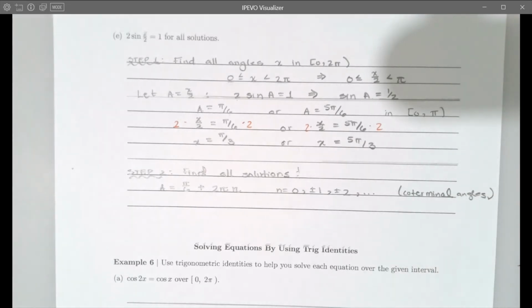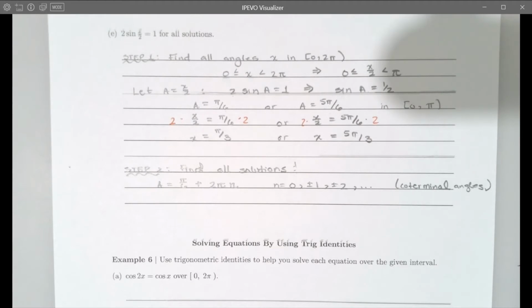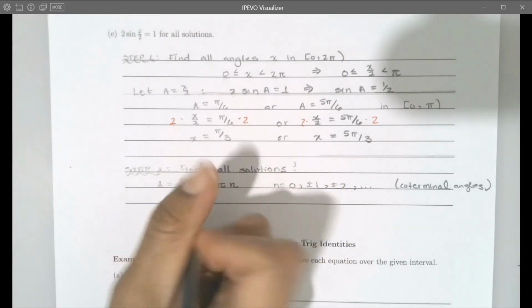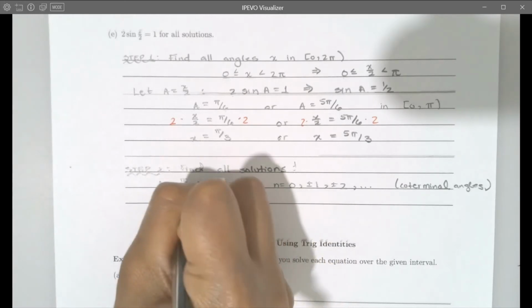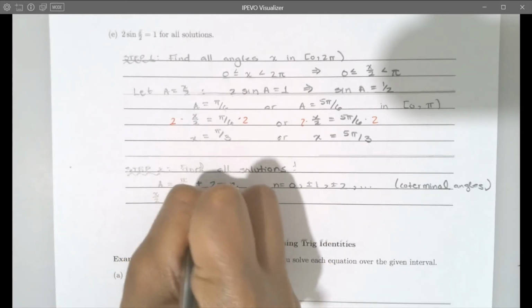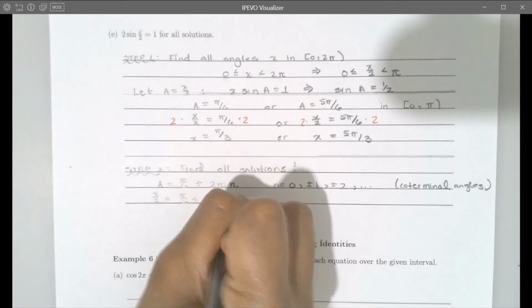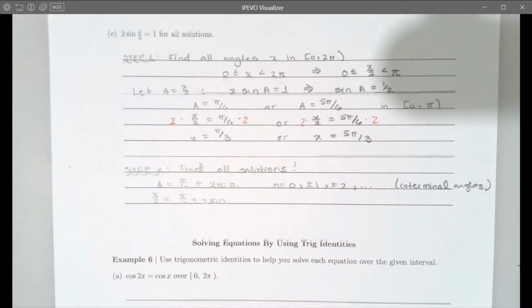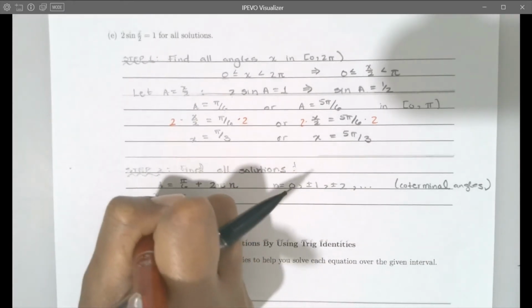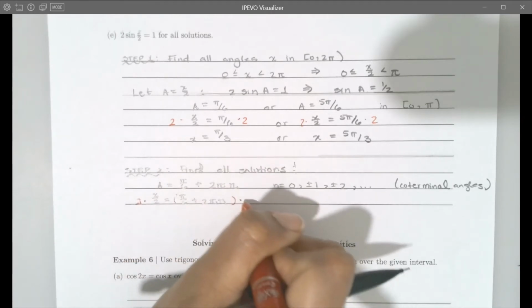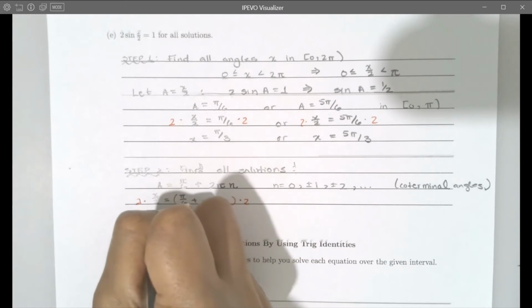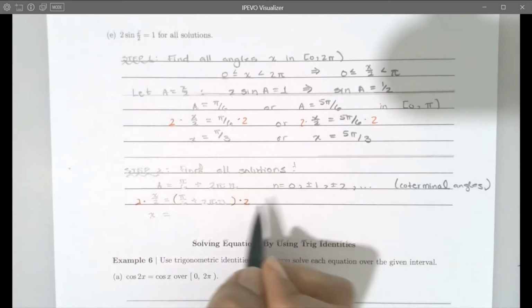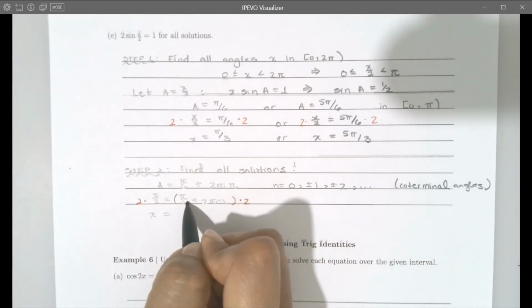Now because A is not the angle that we're interested in, we bring back what A represents, which is x over 2. So x over 2 needs to be pi over 6 plus 2 pi n. And then we multiply both sides of the equation by 2 again. So on the left-hand side, we'll have x is equal to, on the right-hand side, we have to distribute the 2.